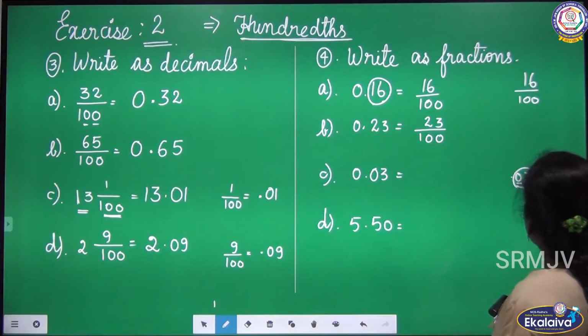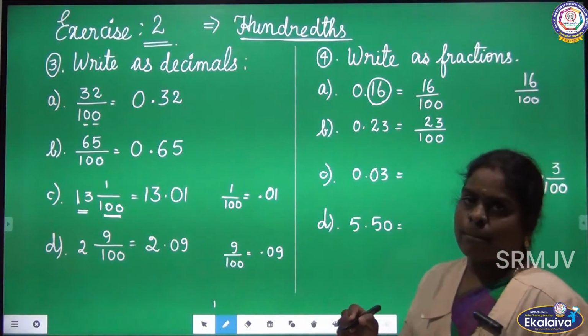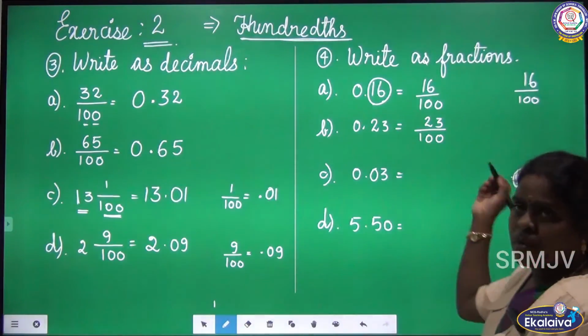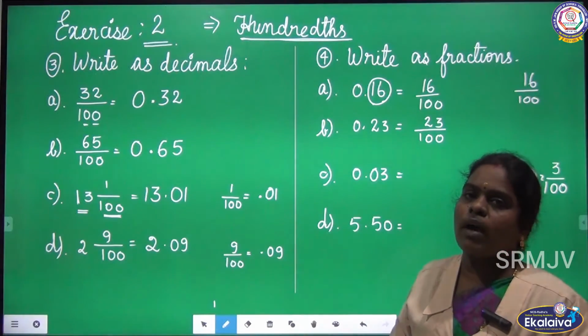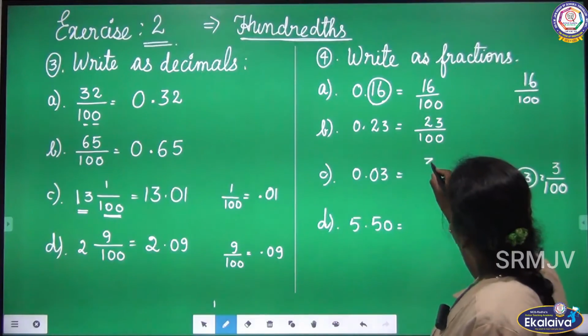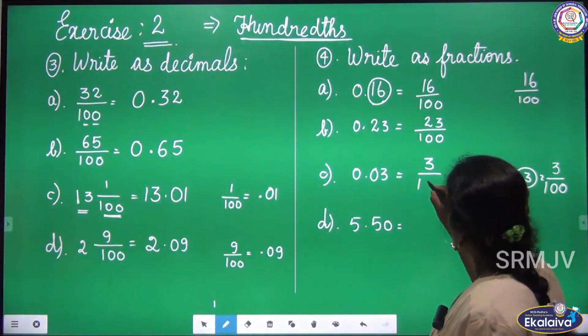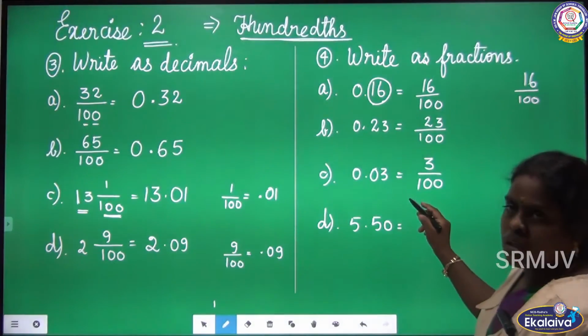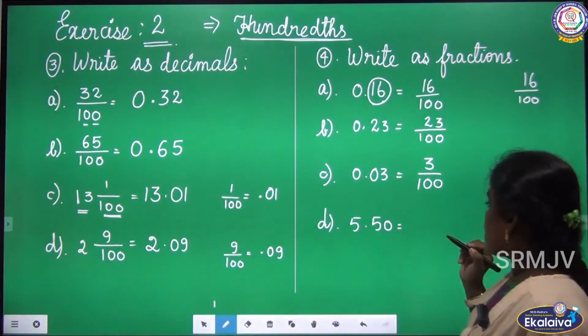So what about the 0, children? We need not write the 0 before the number, because there is no value for the 0. So for the given decimal, the fraction is 3 by 100. 0.03 equals 3 by 100.